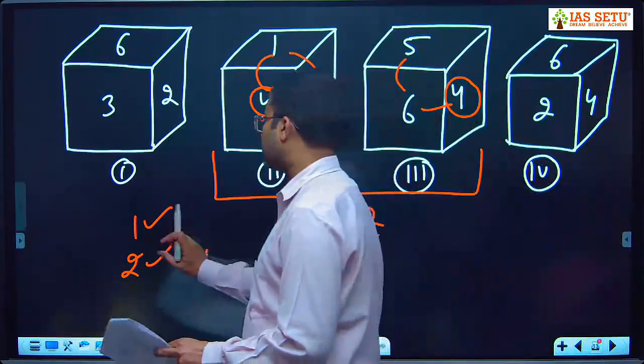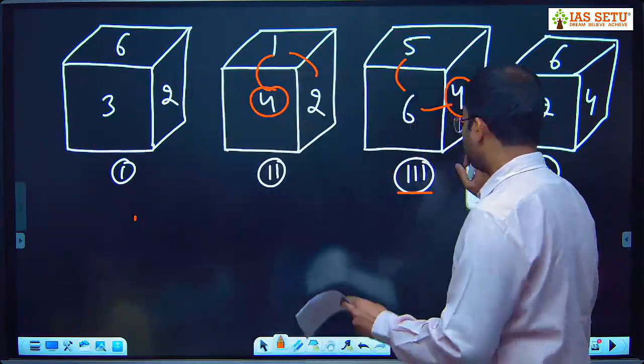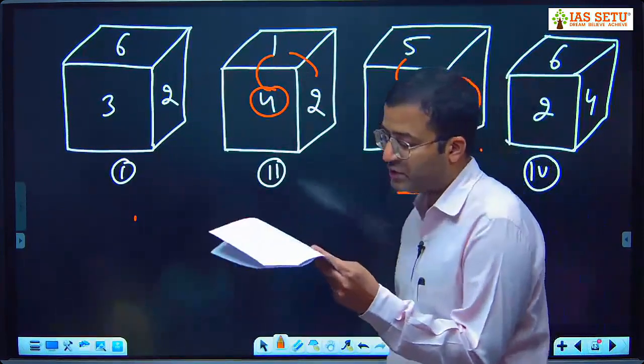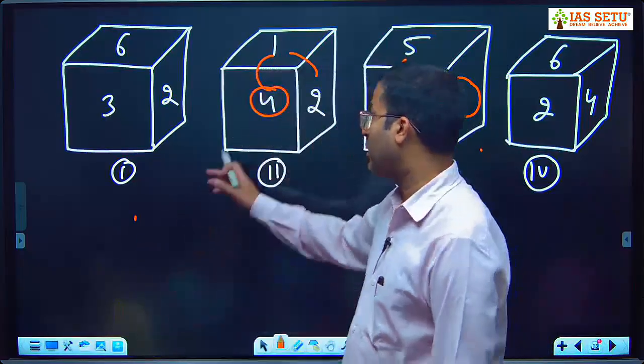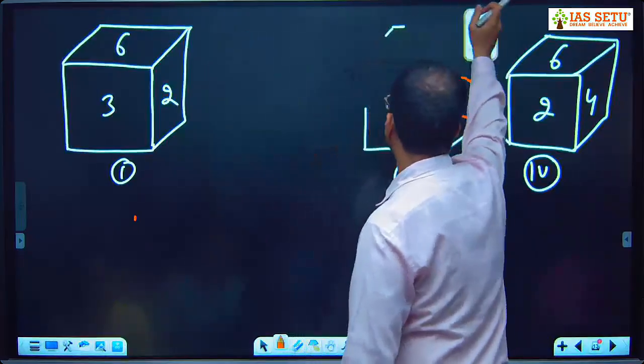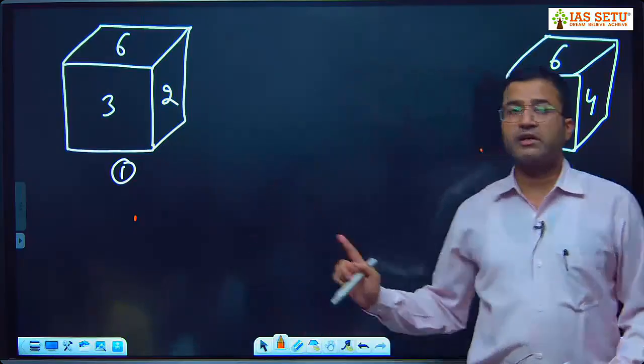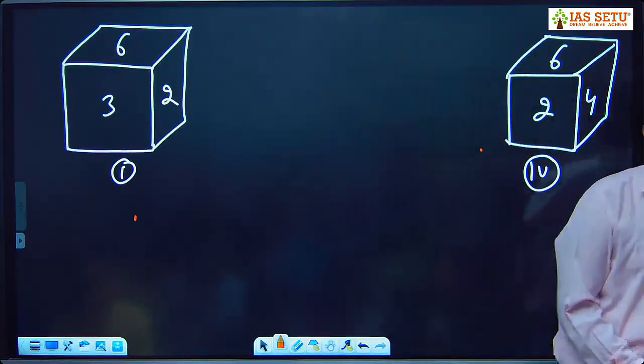Then the third statement is, figures 1 and 4 are sufficient to know which face is opposite to face number 3. So when it is asked, you have to use 1 and 4. You cannot take help of 2 and 3. So we will use 1 and 4. Tell me, in figures 1 and 4 how many faces are common? 2.